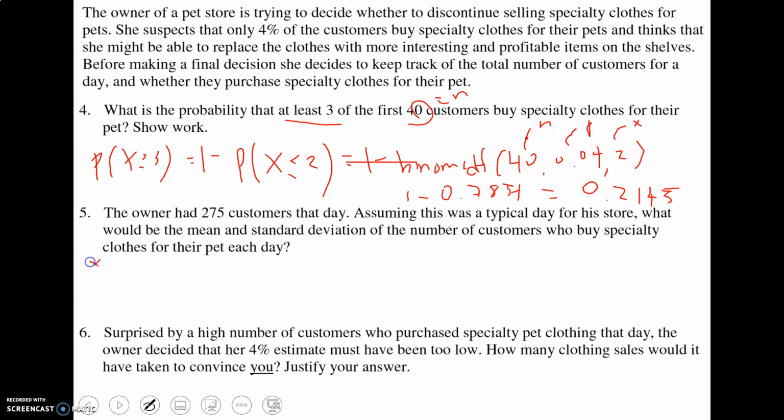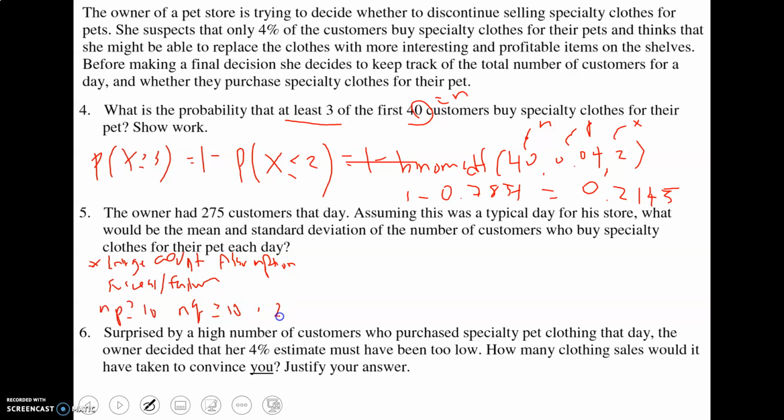So again, we need to check for the conditions. Large count assumption, which is the success and failure condition, which is np is greater than 10, and nq is greater than 10.